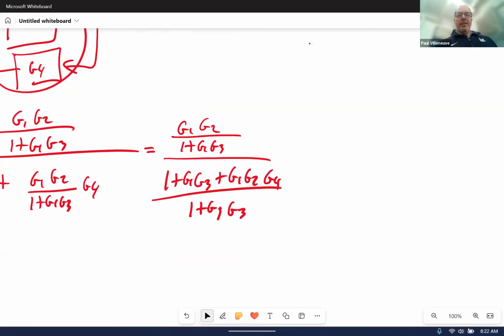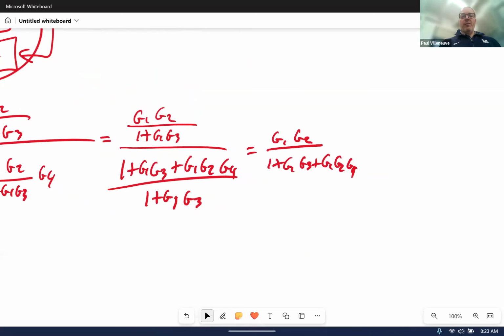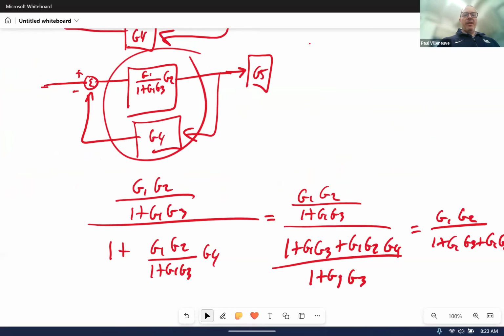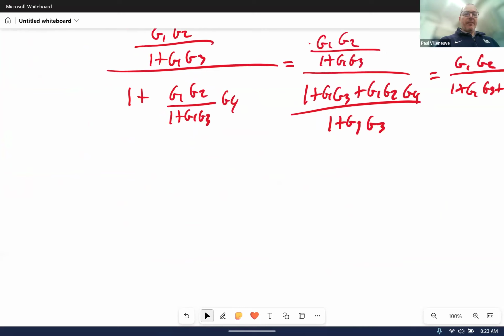Now I invert and multiply. G1, G2, all over 1 plus G1, G3, plus G1, G2, G4. And now all I'm left with is that one final block. I don't know if I gave myself a lot of room, but that's okay.